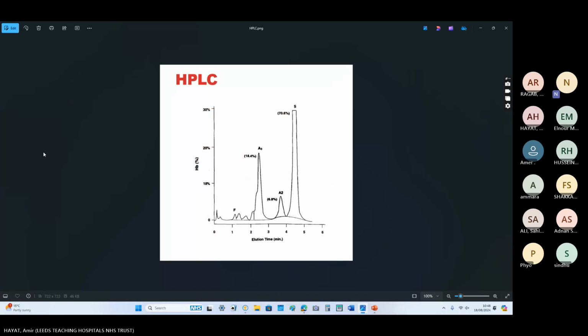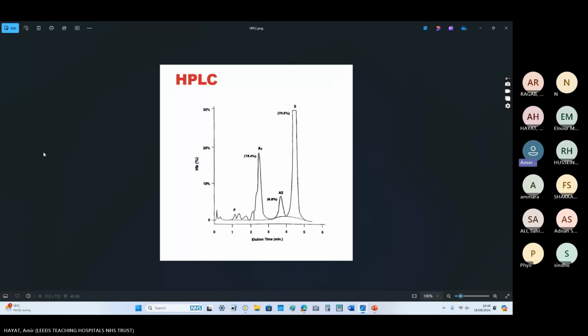So S is more than A. We ignore the A2 peak in the presence of a sickle peak. These HPLC findings are more consistent with sickle beta plus thalassemia. And her indices are also microcytic hypochromic. So she is more consistent with sickle beta plus thalassemia.